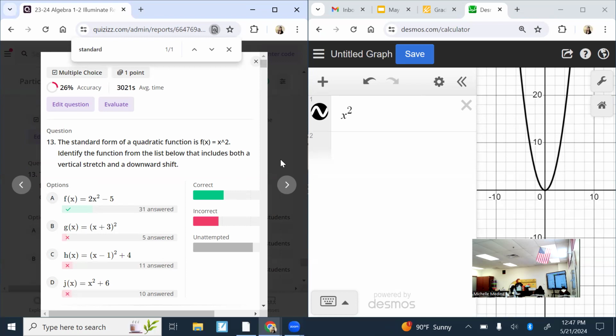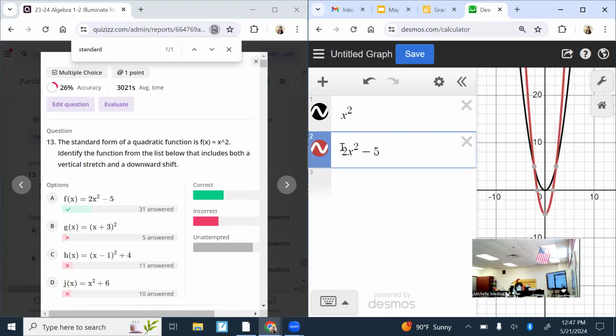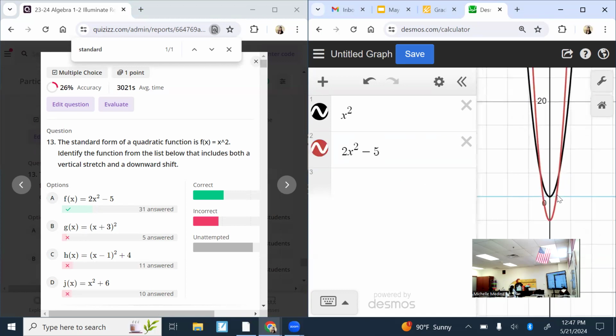The best way to compare would probably be the vertex. So here the vertex is at 0, 0. When I type in my other options, hold on, messed up a little bit. All right, this one shifts down and it is a bit more narrow.